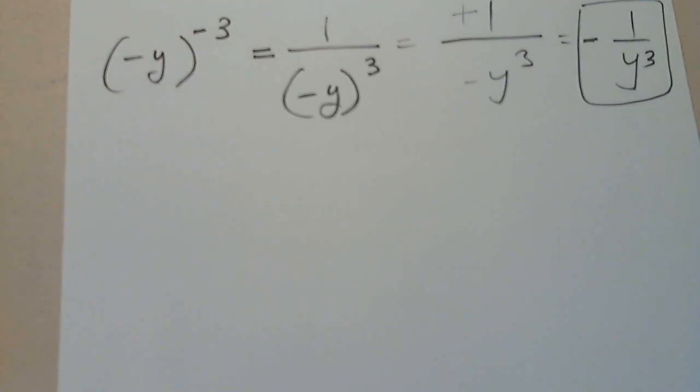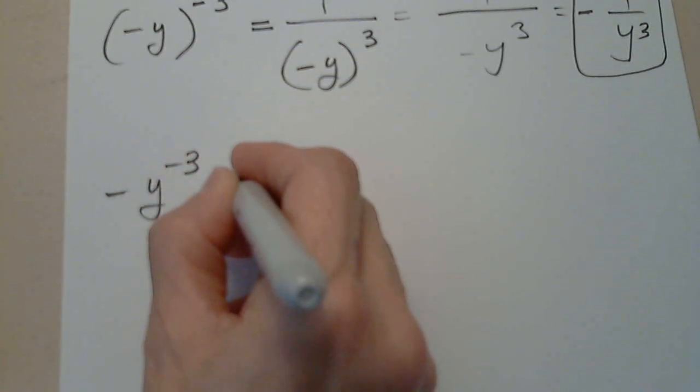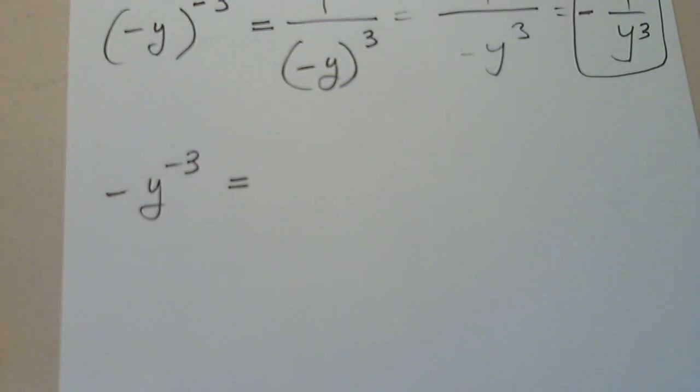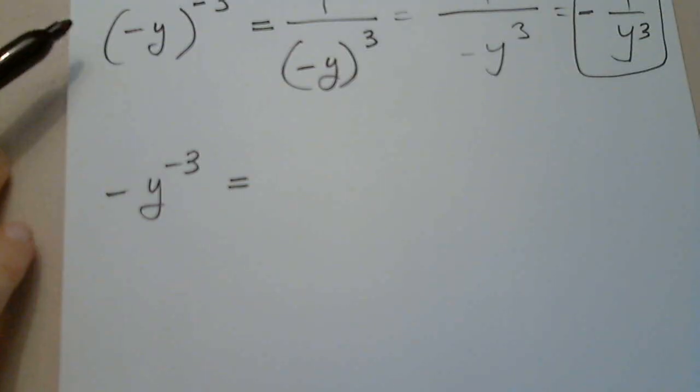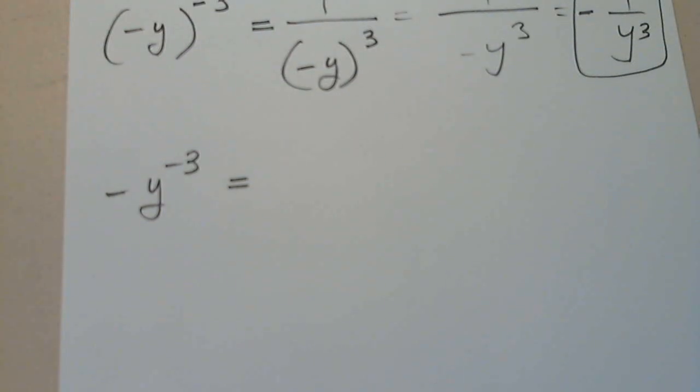Okay, one more. Negative y to negative 3. Parentheses, no parentheses. How do I address this? What do I need to do first?